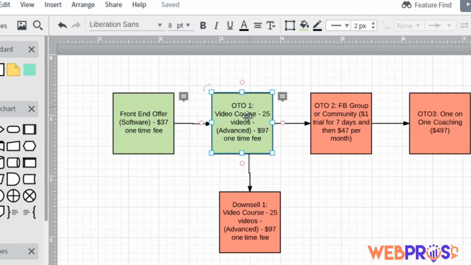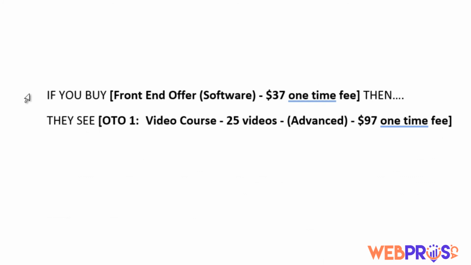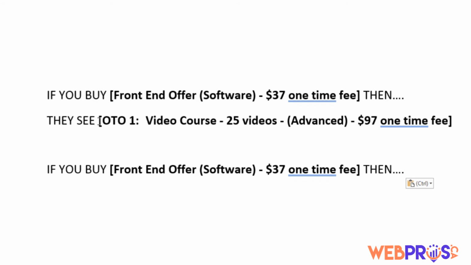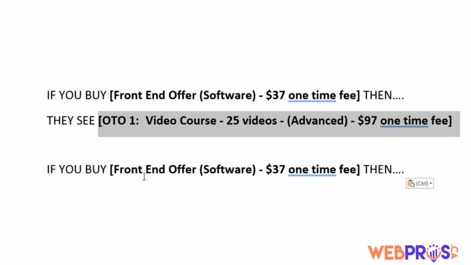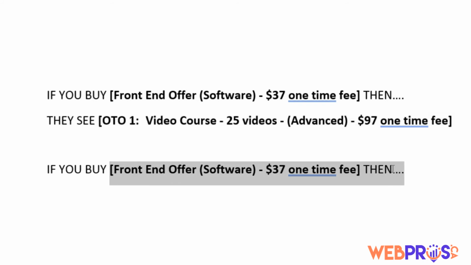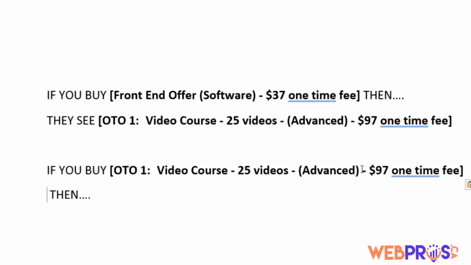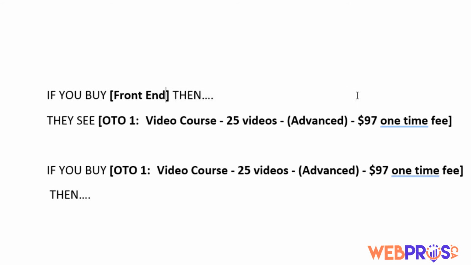Okay, so let's start from here. All right, let's start it again. And let's just start a new row. So now we have the one-time offer, 1. Let's just copy this here. And you can actually simplify this further if you want. You can just say front end offer.